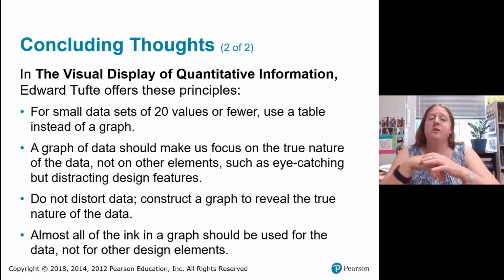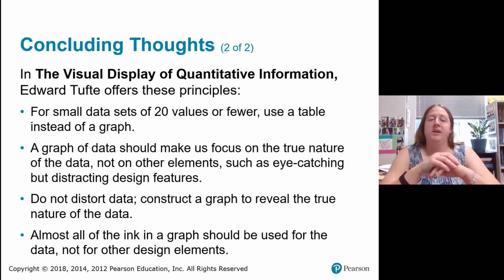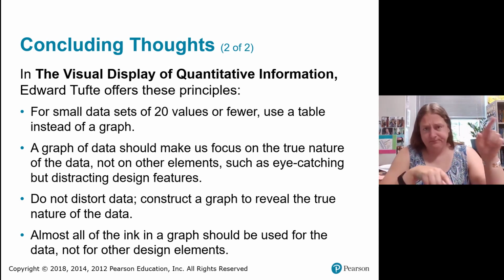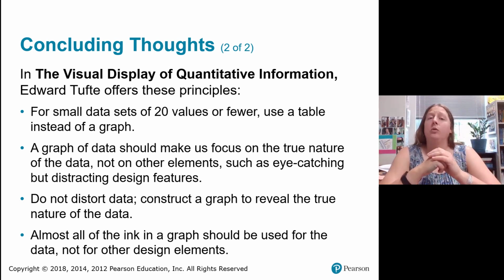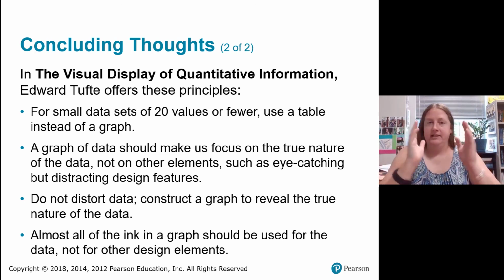Also, we should make sure that we're not distorting data. We need to construct a graph that reveals the true nature of the data, so we don't have these area versus volume versus length things happening, or a vertical axis not starting at 0, or a pie chart that doesn't have wedges representing the right percentages.